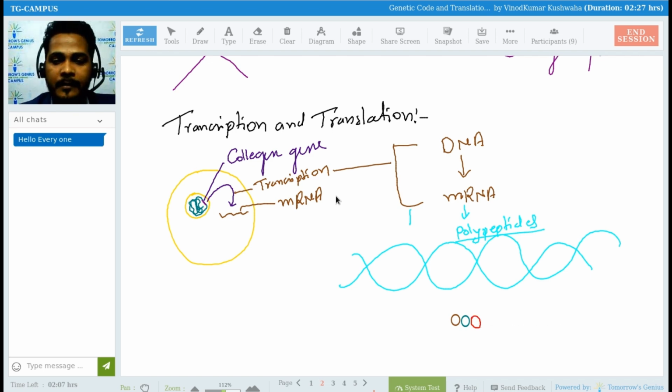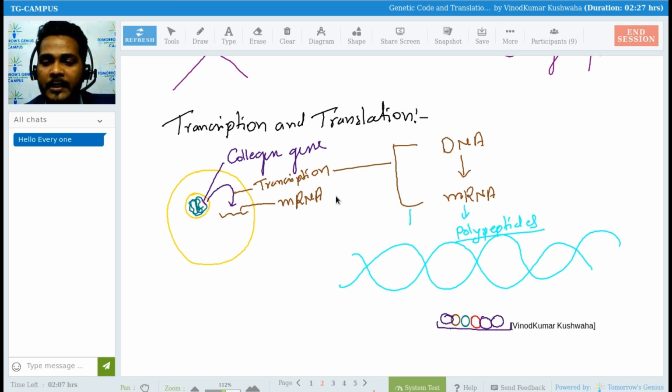So this indicates a kind of polypeptide chain like this. This polypeptide chain is in the form of a language or code, and that language and code, if there is mRNA, then how is this language of code transcribed?